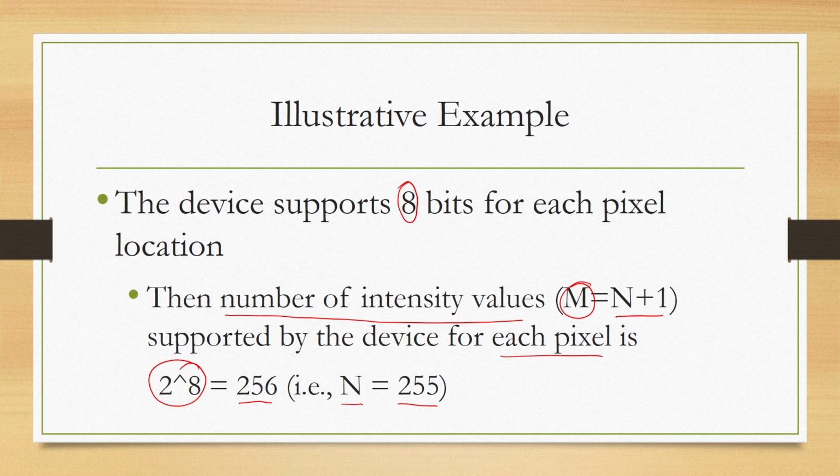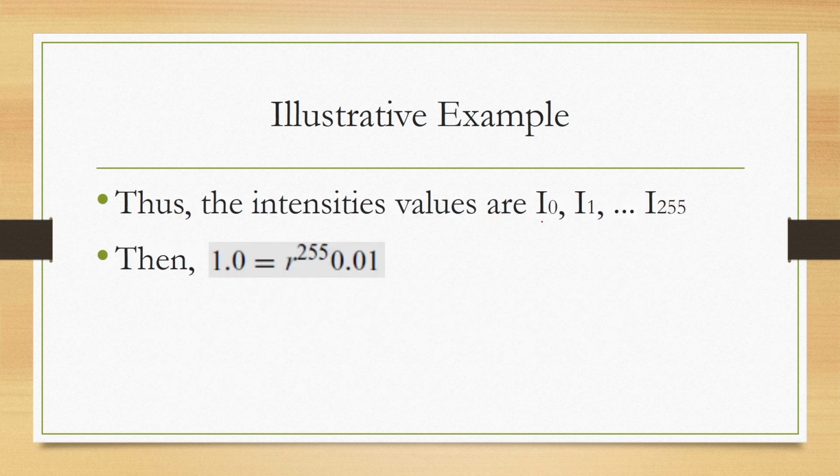So, from I0 to I255 are the intensity values that will be supported by the device. So, these intensity values we can denote with these notations I0, I1, I2 up to I255.